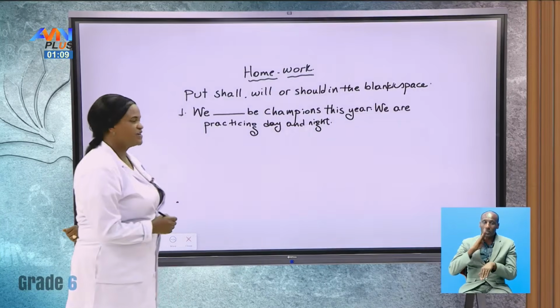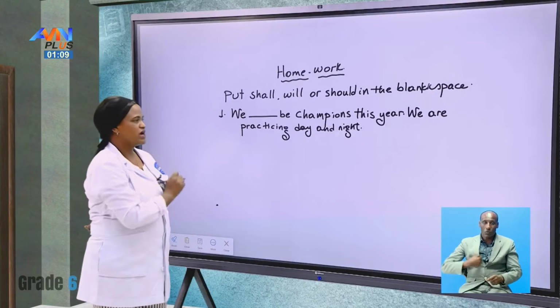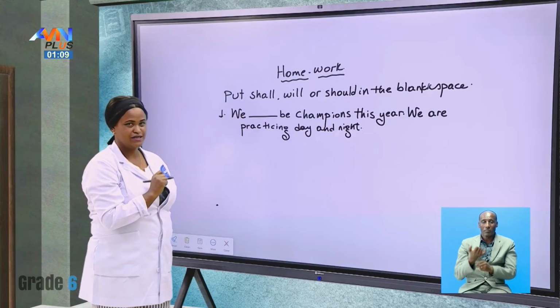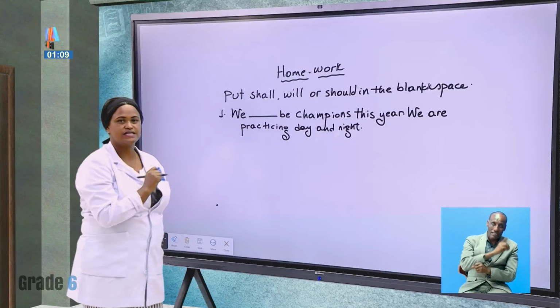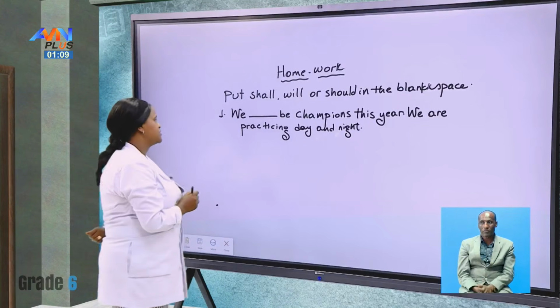Okay, the first one. We blank be champions this year. We are practicing day and night. Now be careful and consider the second sentence. It says we are practicing day and night.